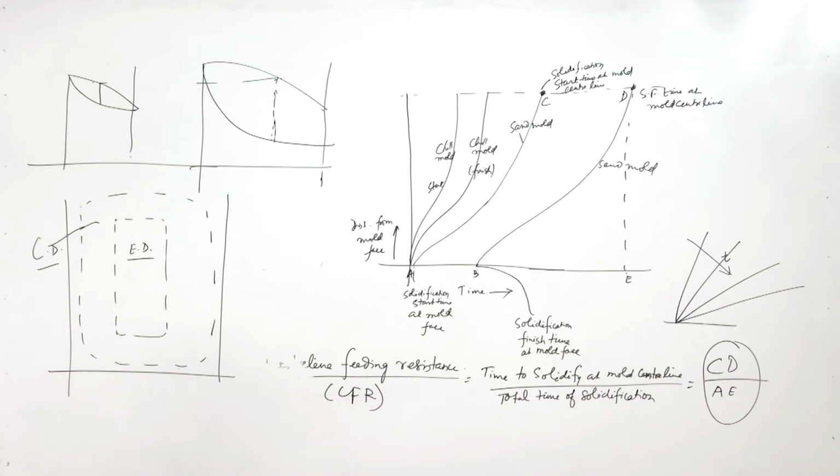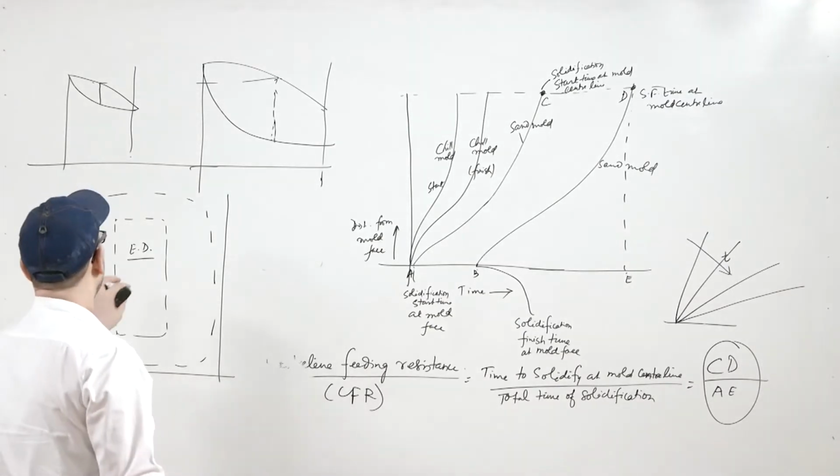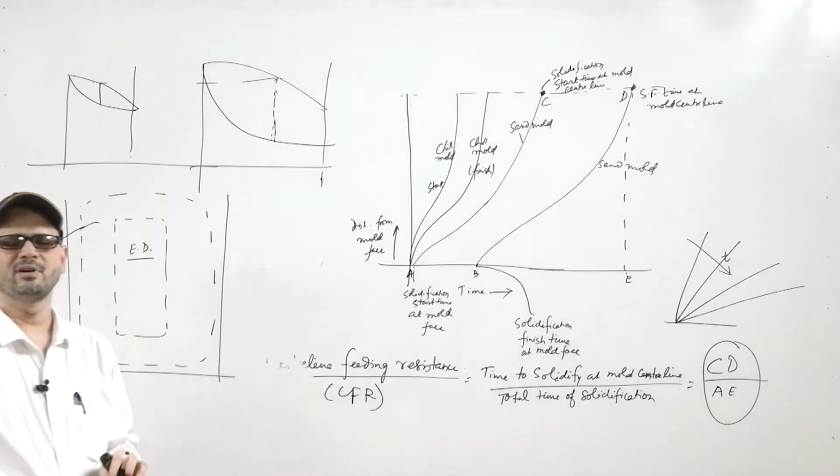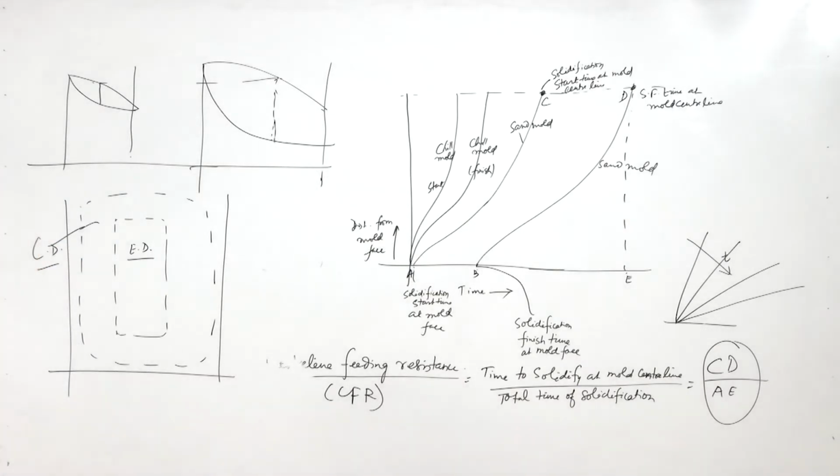Because, as we discussed, the temperature differential will be low enough to promote random nucleation. So, in that case the structure becomes equiaxed dendritic.